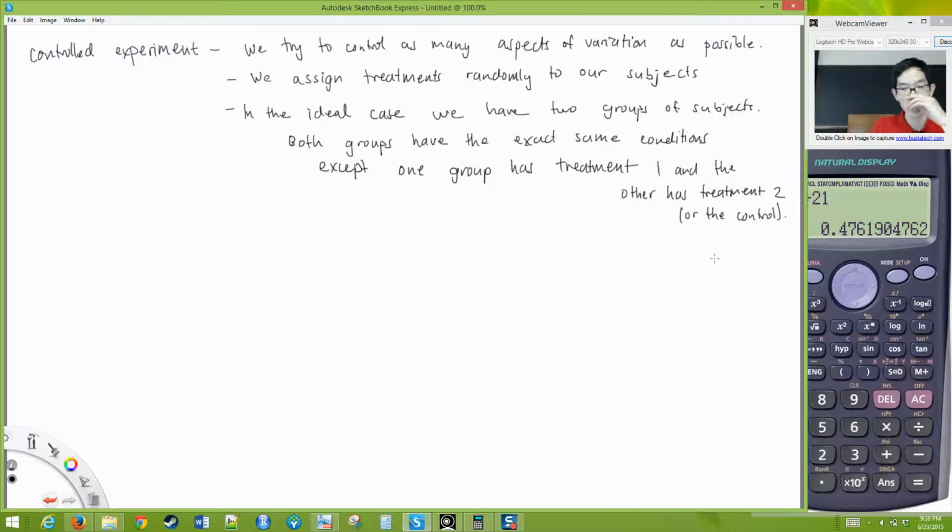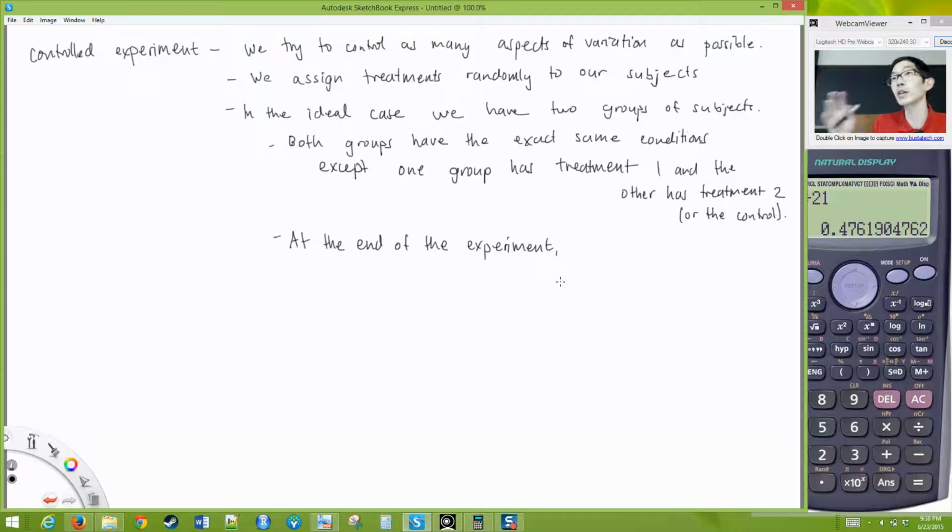Okay? And then at the end of the experiment, okay, any differences between the groups can be attributed to the fact that they had different treatments, okay?